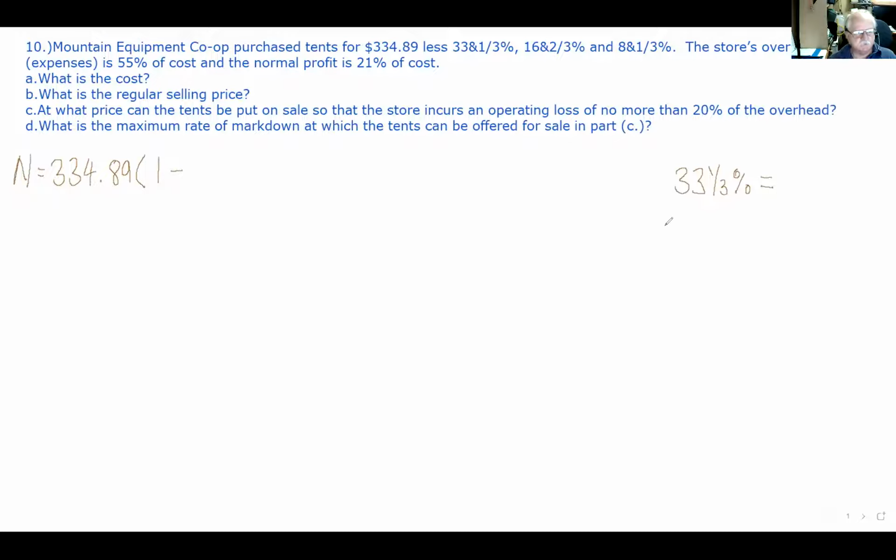I'll wait till somebody puts that into the chat box for us. 33 1/3% just translates to 1/3. How about 16 2/3%?